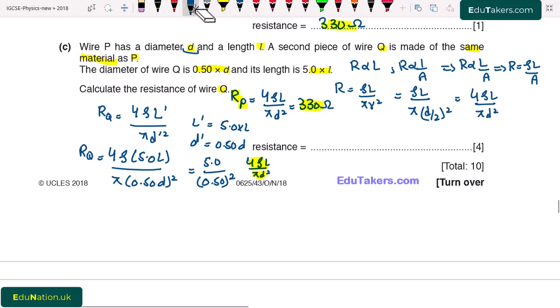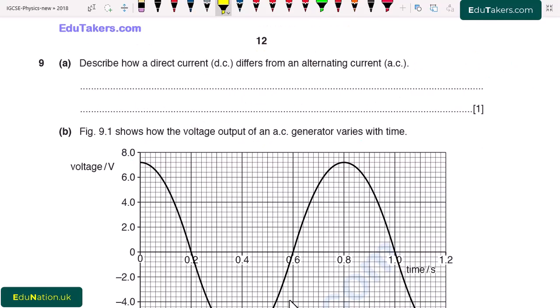So it will be 5.0 over 0.50 squared multiplied by 330, so the resistance of wire Q comes to be 6600 ohms. I write here resistance is equal to 6600 ohms.